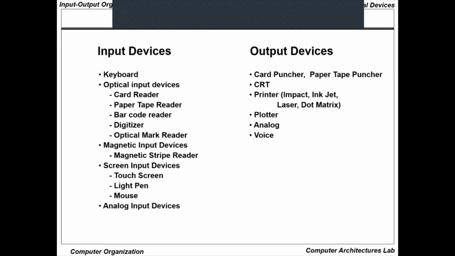Apart from that, we have another concept: the magnetic input device. Everybody knows we have a magnetic pen, which is widely used in touch screens, or maybe you can use a video tape or audio tape recorder.